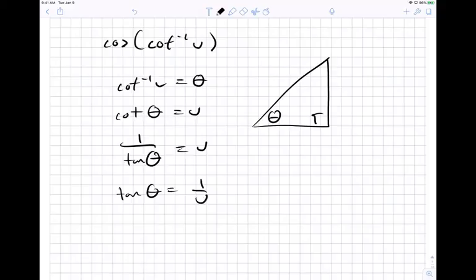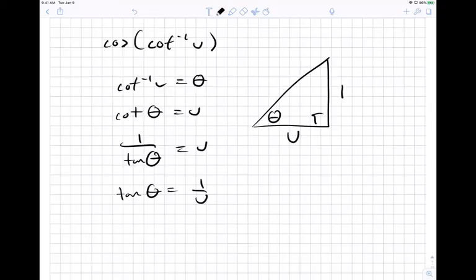So from SOHCAHTOA, what's my opposite? And what's my adjacent? So tell me about the hypotenuse. Okay. So I heard a squared plus b squared equals c squared.